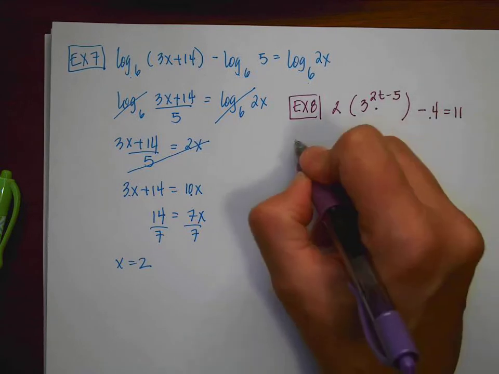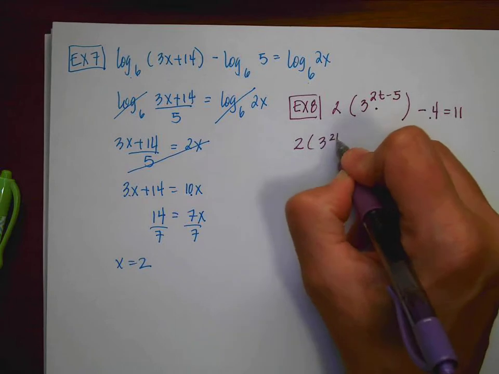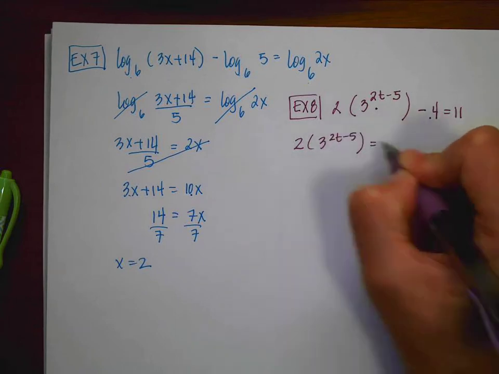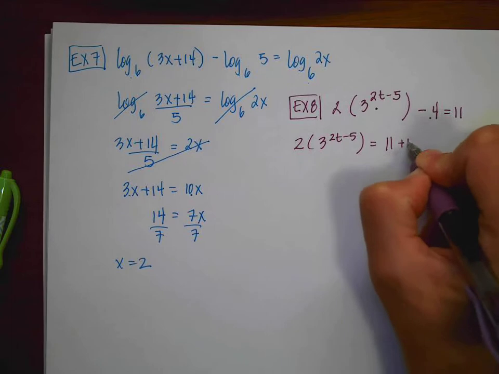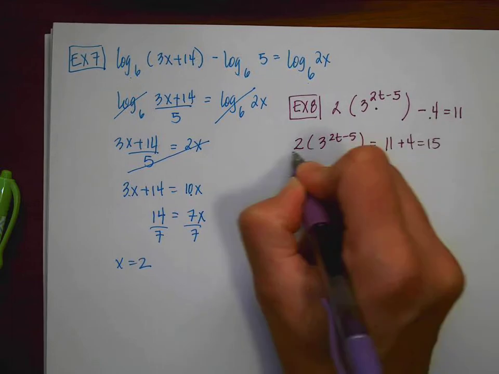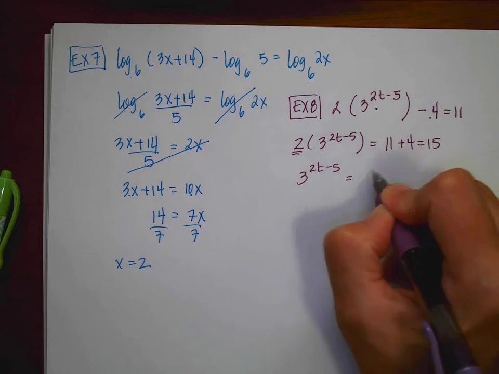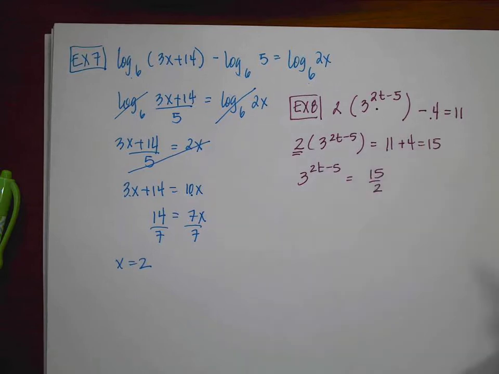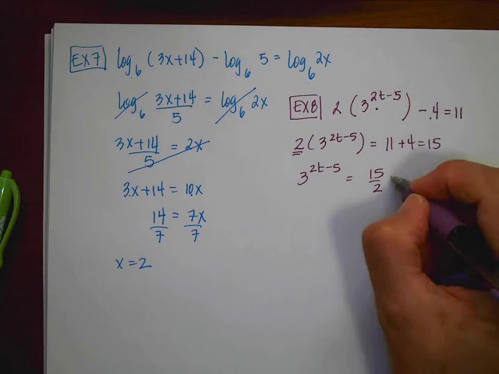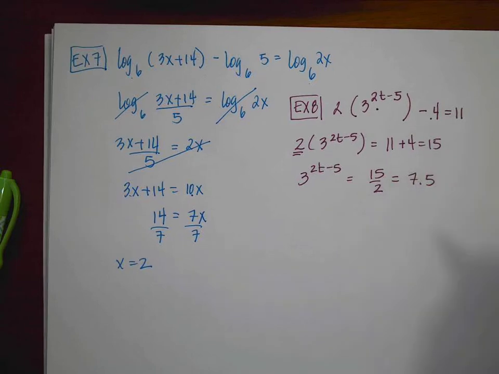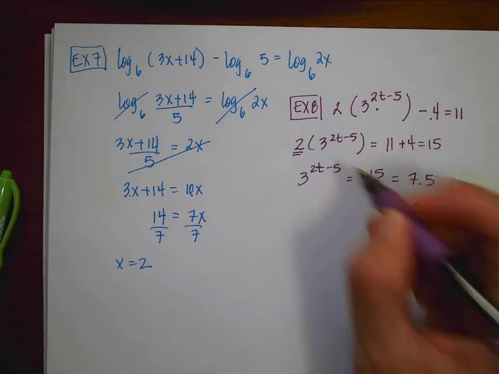So the first thing that I'm going to do is I'm going to add 4. So I get 2 times 3 to the (2t minus 5) is equal to 11 plus 4, which is 15. Now I'm going to divide by 2. 3 to the (2t minus 5) is 15 over 2. And I'm just going to leave it like that. You could make it 7.5 if you wanted.